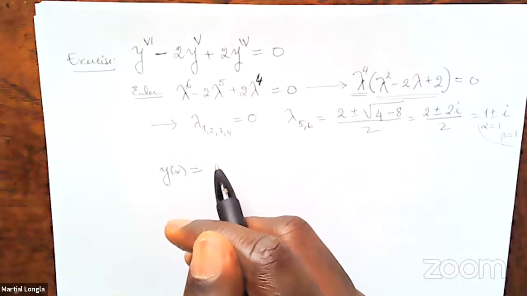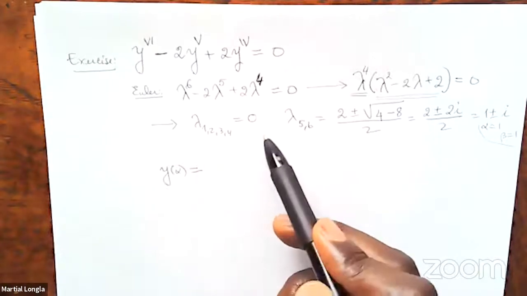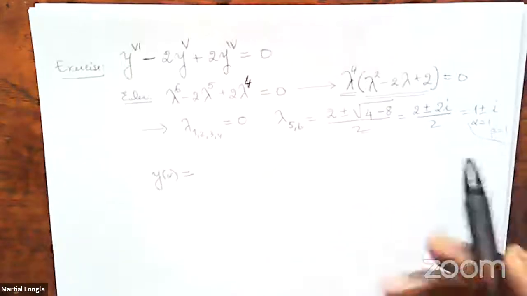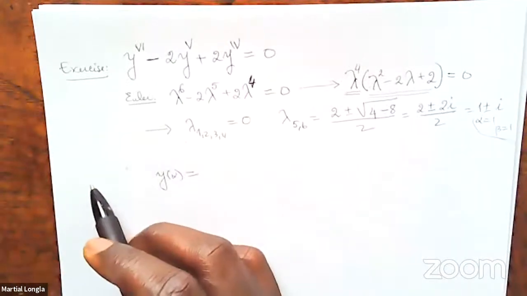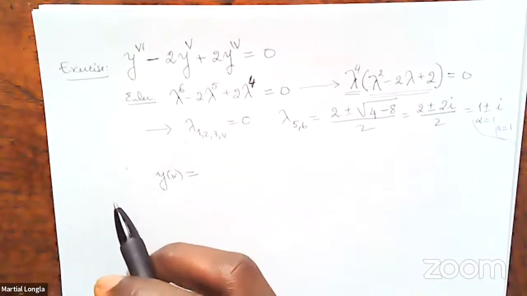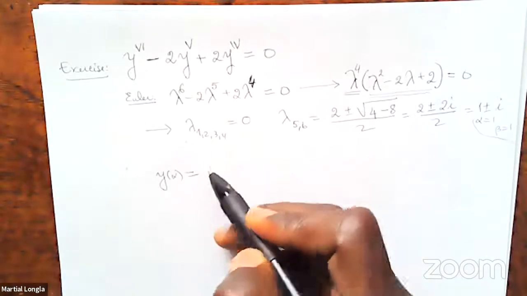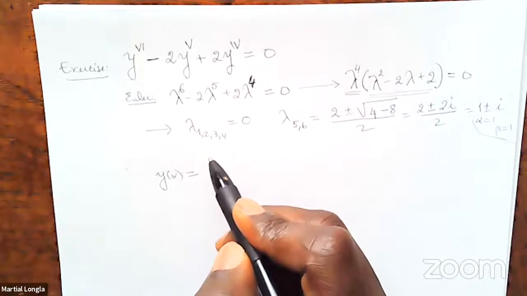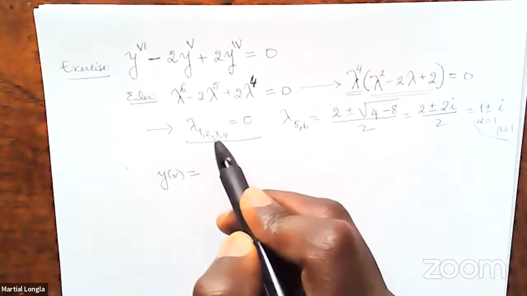We already have the roots, lambda 1, 2, 3, 4.